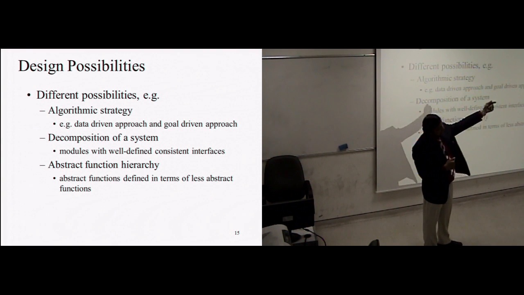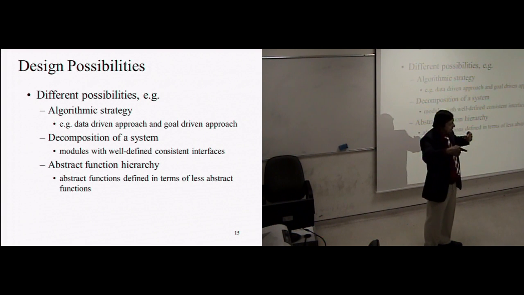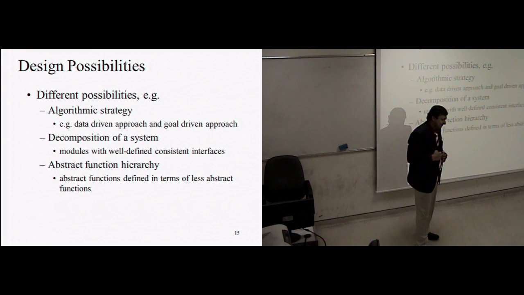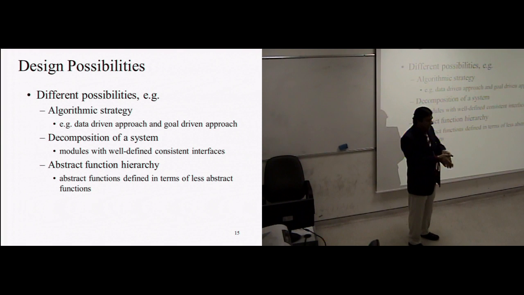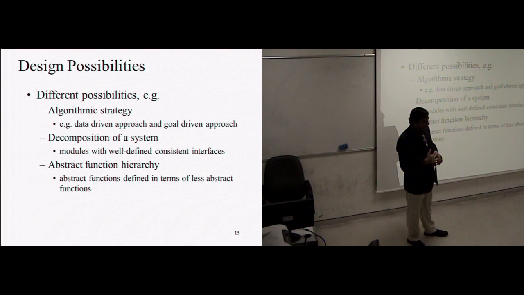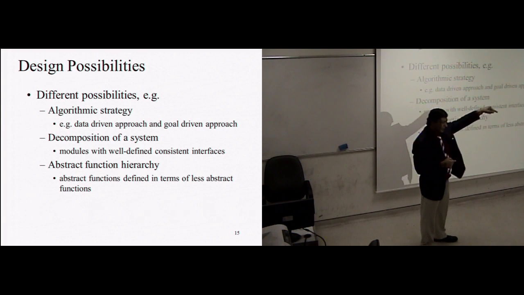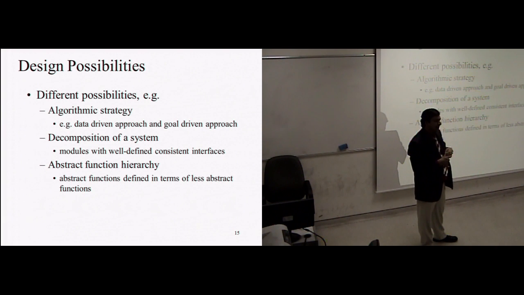For backward, you start from New York and check what connections are possible till Jeddah. So you take the goal first, and from the goal you move back towards the start. In the data driven approach, you start from your point and go towards the goal. So it is called the forward, data driven approach. In the goal driven approach, you start from the goal and move towards the data.